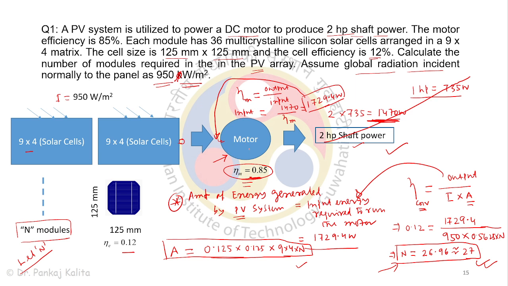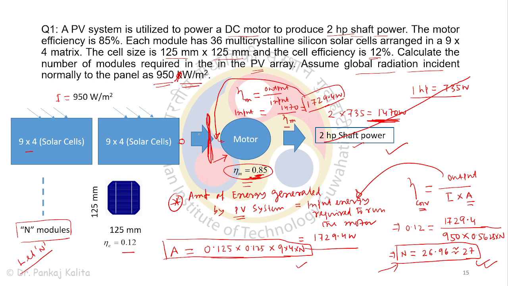The motor has some inefficiency also, so the input power for this motor will be your output power upon your efficiency. So it will be 1470 divided by the efficiency of 0.85. So the actual input power that has to be generated by the solar PV is 1729.4 watt.